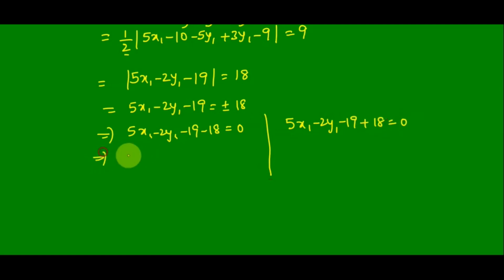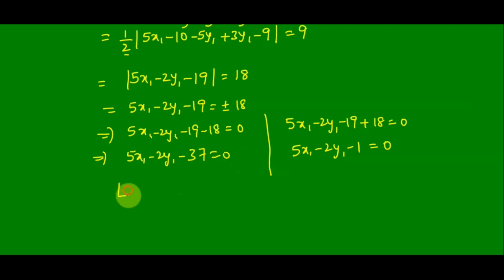So if I simplify this, this will become 5x1 minus 2y1, total is minus 37 is equal to 0. Then here 5x1 minus 2y1 minus 1 is equal to 0. So these two equations are the equations of locus for only one point, that is (x1, y1).